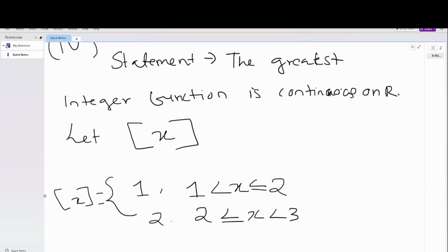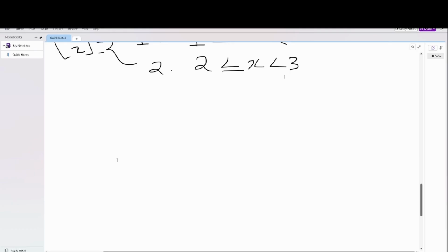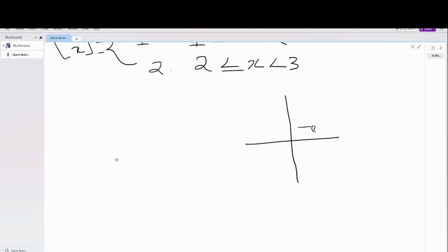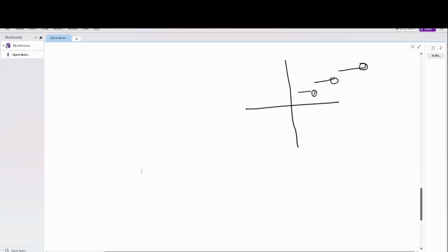So from this we can see that the graph will be like this, like this, like this. From this graph we can see that the function is not continuous.